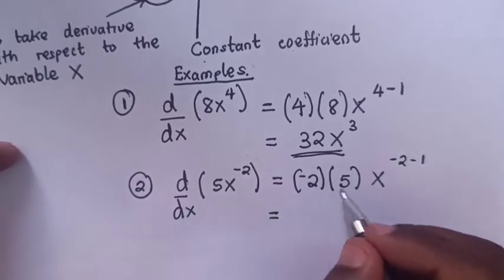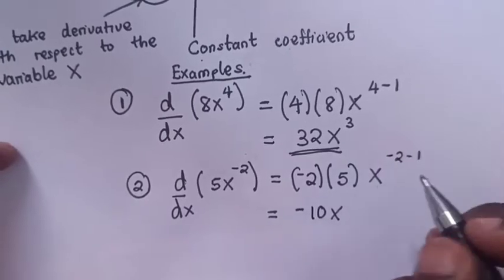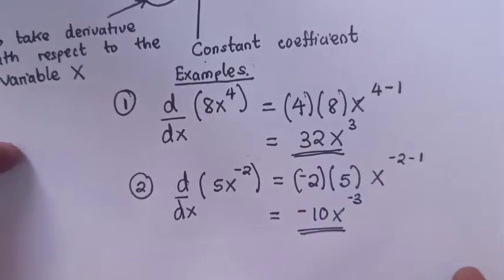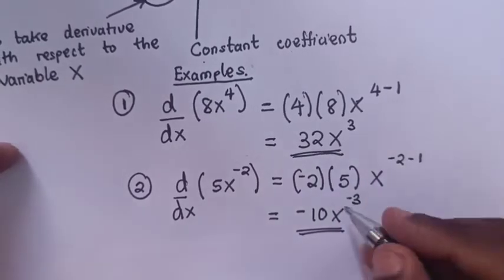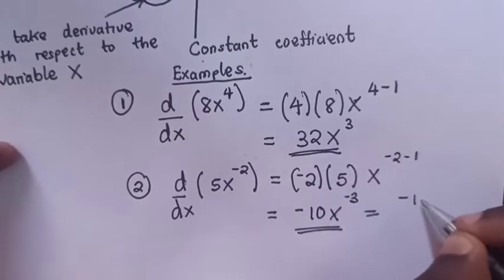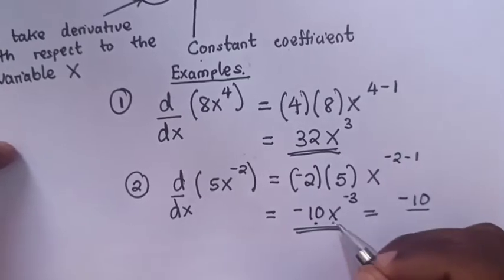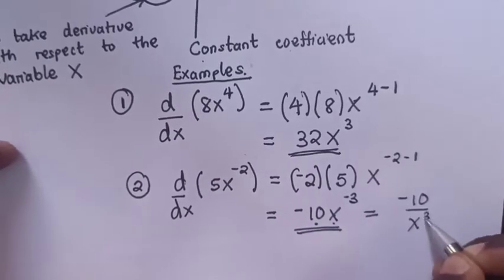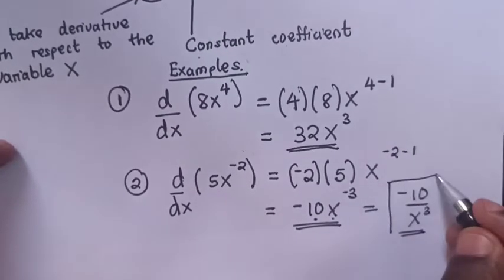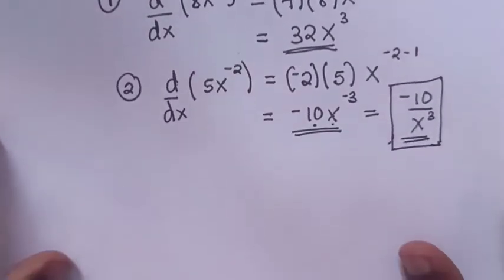Negative 2 times 5 is negative 10, and negative 2 minus 1 is negative 3, so negative 10x^-3. This is the answer. It can also be written as negative 10 over x cubed, since x to the power of negative 3 is the same as x^3 in the denominator. This is the better and the best answer, but all are correct.